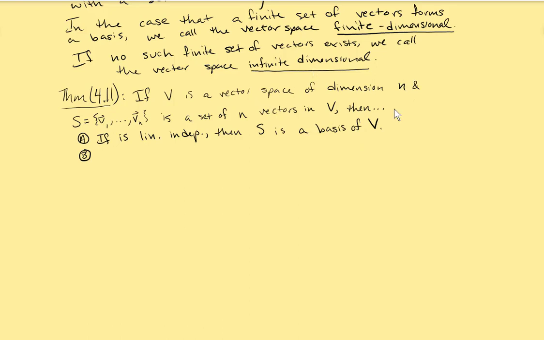We're saying if we know the dimension here, and we've got a set with that many vectors in it, then we don't necessarily have to check span. We get a basis for free if we can just show linear independence. A basis requires the set to span the vector space and to be linearly independent. Here we're saying if we know we have the right number of vectors in our set, we only have to check linear independence.